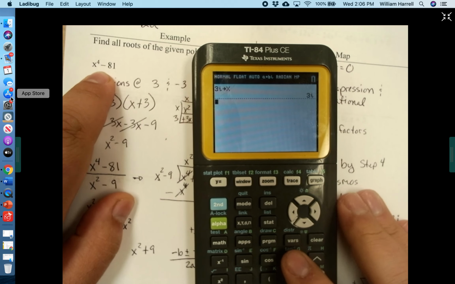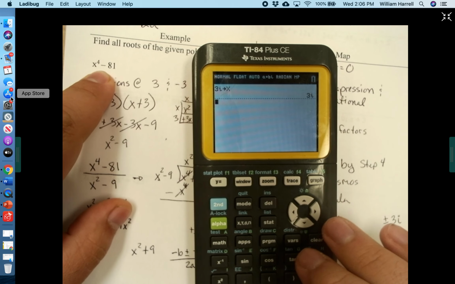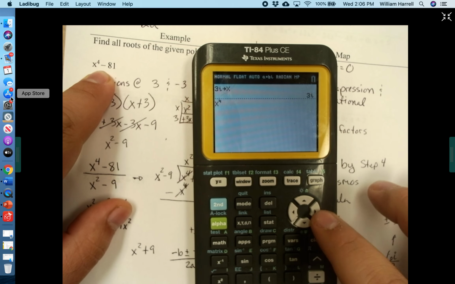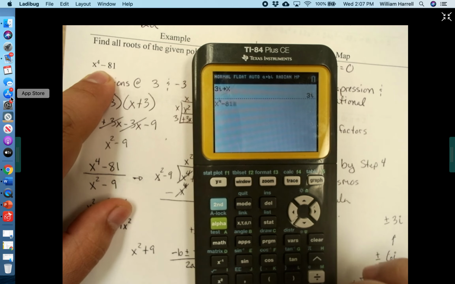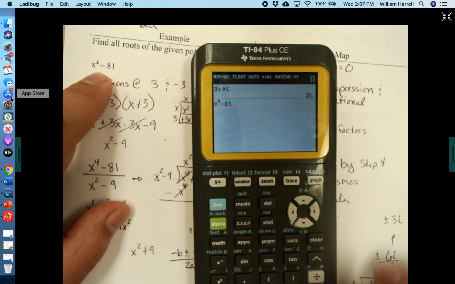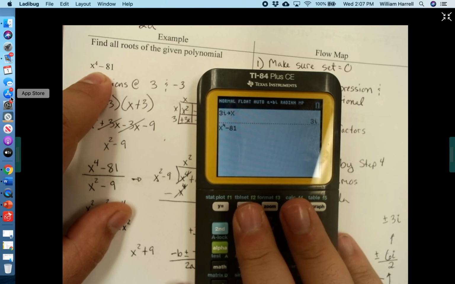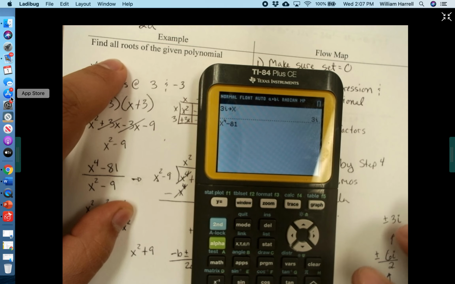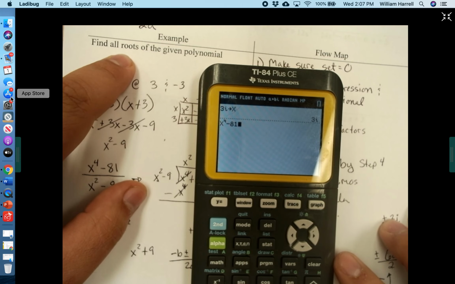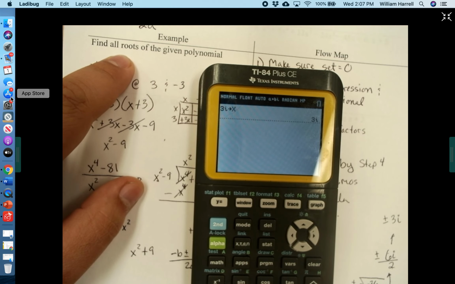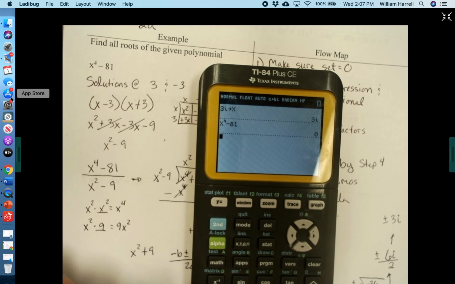And now you type your original, x to the 4th minus 81. When I hit enter, I want to have it be a root or a solution. Again, a root or solution has a value of 0 when you evaluate the function. I hit enter, I get 0, so 3i is good.